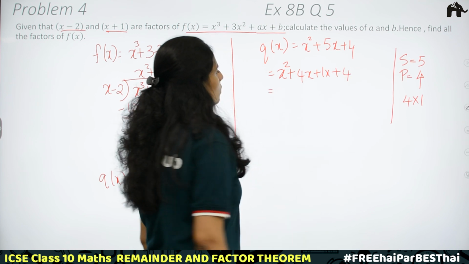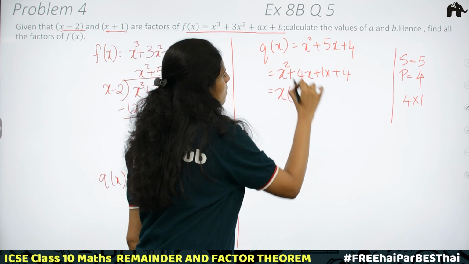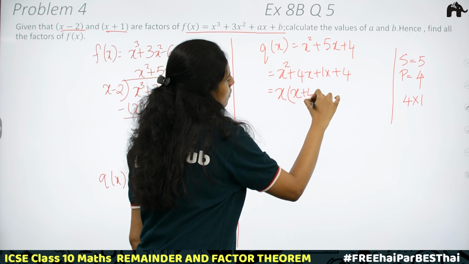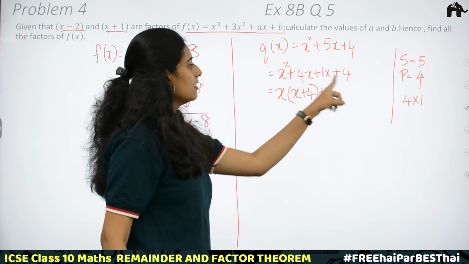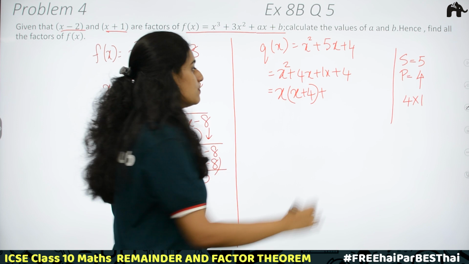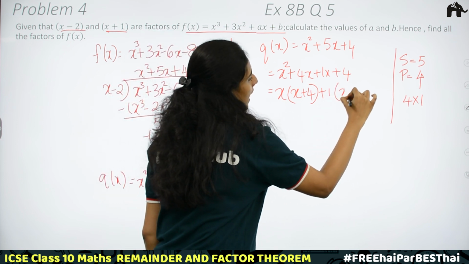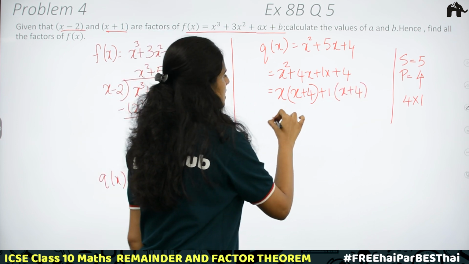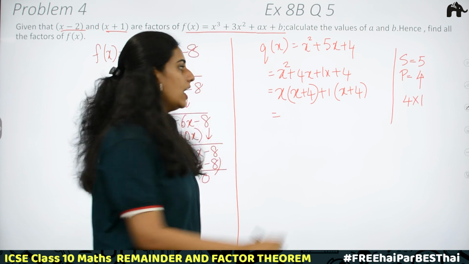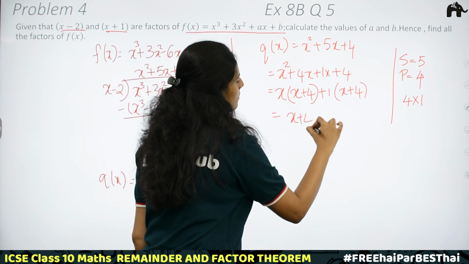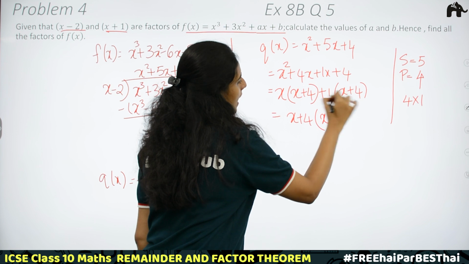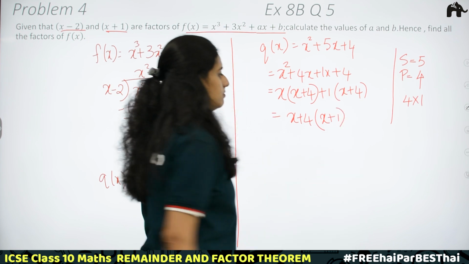That is equal to x into x plus 4 plus, here we don't have anything in common, which means we are taking 1 out. X plus 4 is remaining. That is equal to x plus 4 is common. X plus 4 into, then you have x here and plus 1 here. X plus 1. Okay.